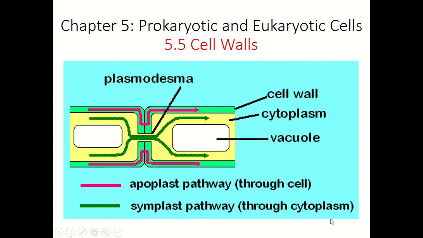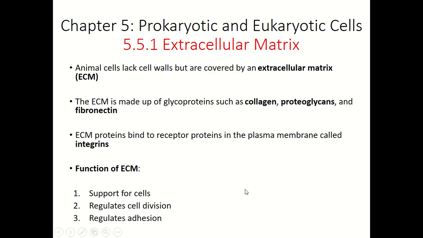However, if some molecules pass from one cell to another through the cell wall, that route is known as the apoplast pathway, in which the molecules pass through the cell wall.